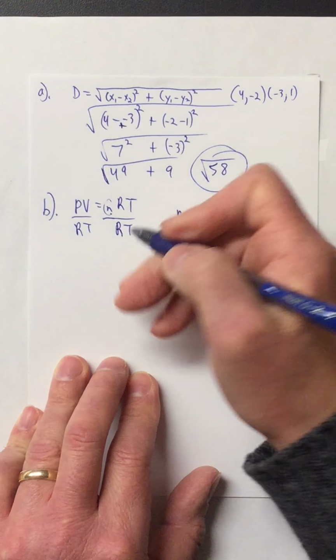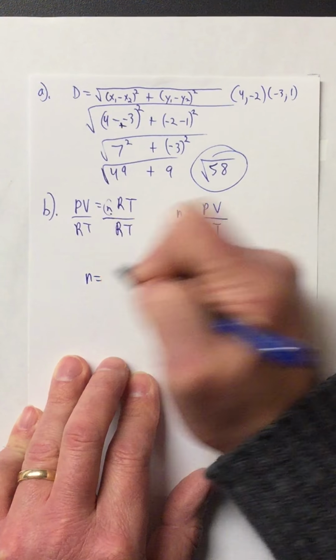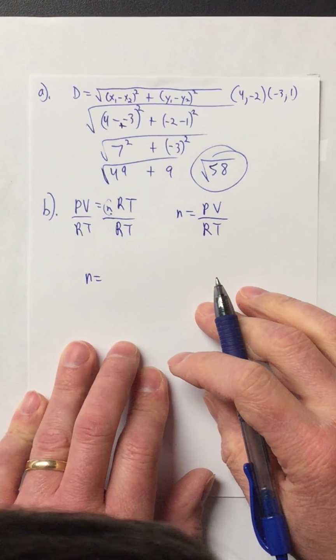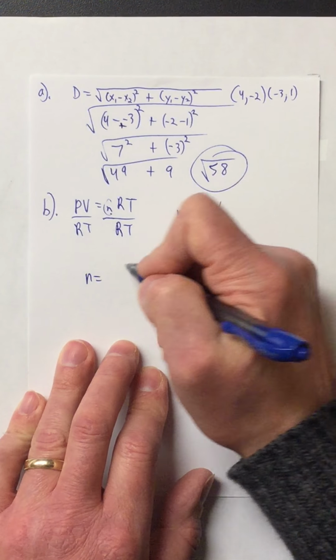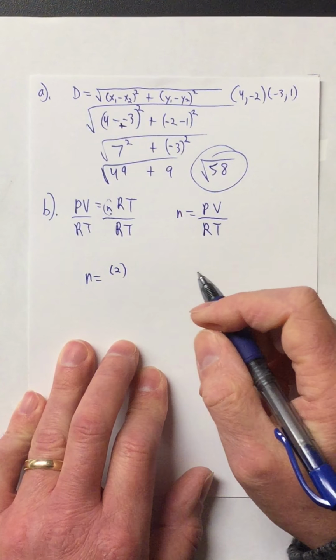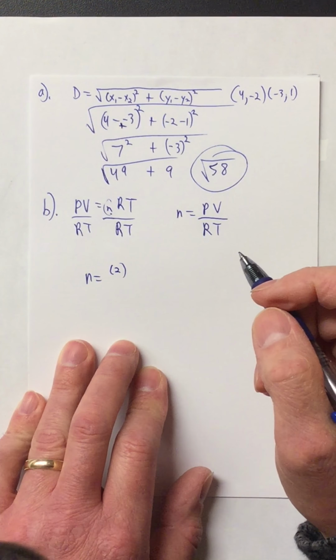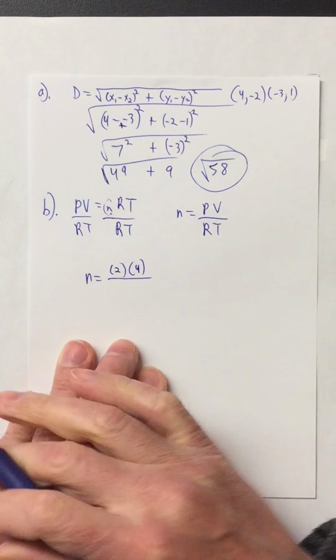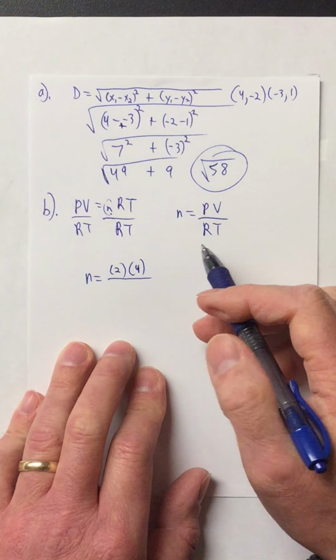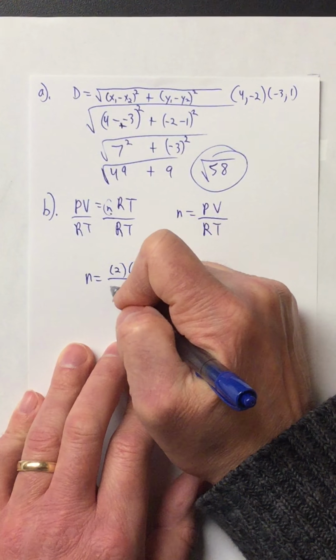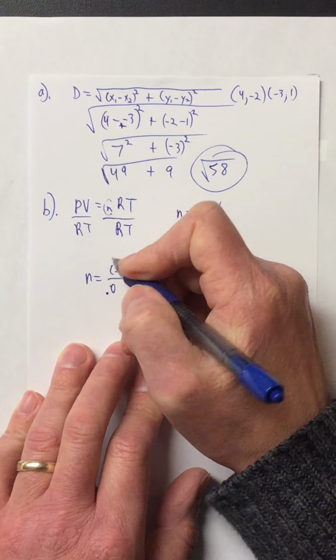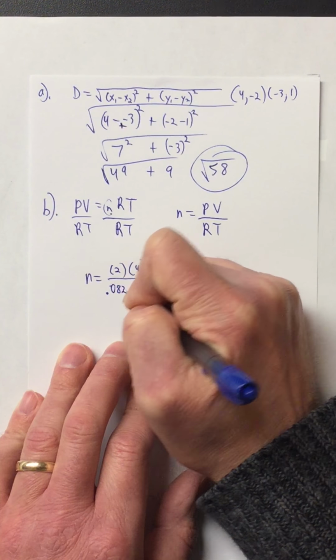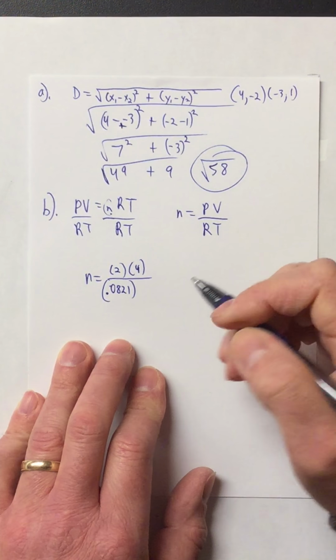Now let's plug some values in. n is equal to my pressure. It tells me that my pressure is 2. My volume, it tells me my volume is 4 liters. So I got that on top. And then for my R, which is my constant, I can write that in, 0.0821. That's not going to change, hence constant.